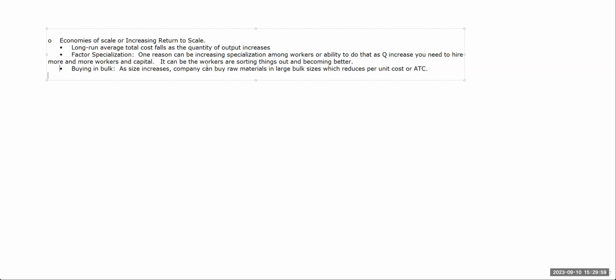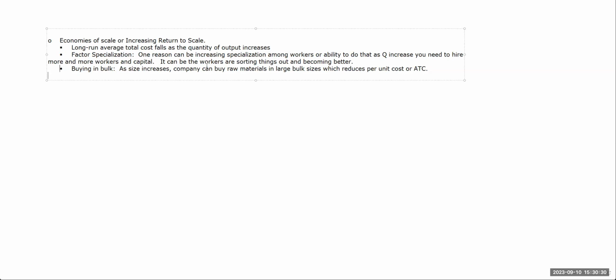Another reason why you might save money per unit, per cookie or per Camry, is buying in bulk. When you're small, working out of your garage, you need another bolt. You go to Home Depot. Mr. Toyota goes to Home Depot and buys small bulk items, tools and screws and nails and whatnot, and sheets of metal at Home Depot.